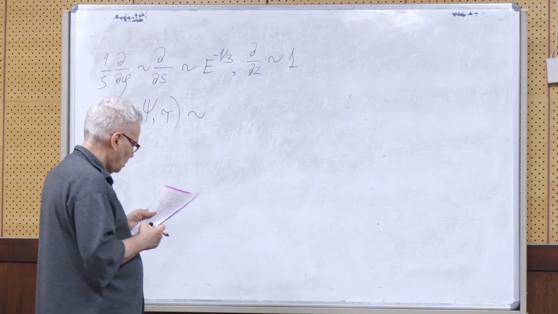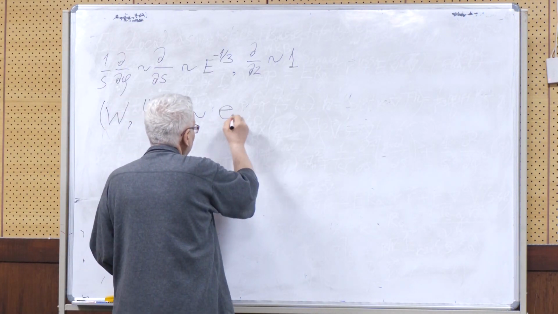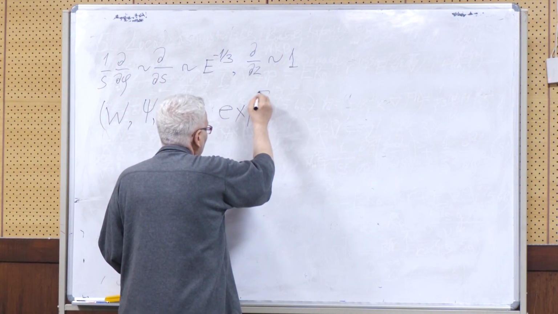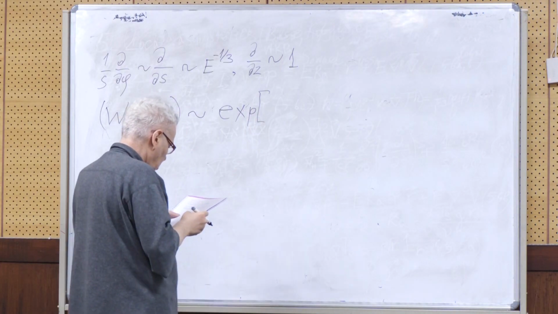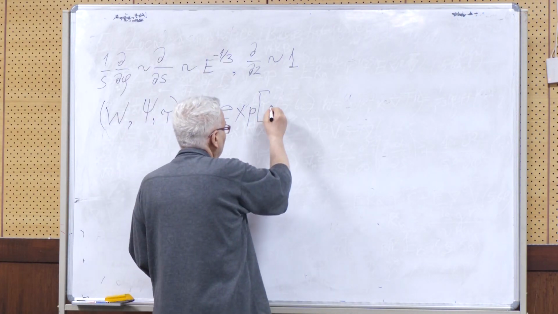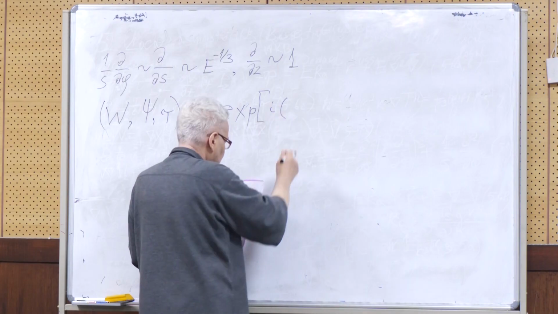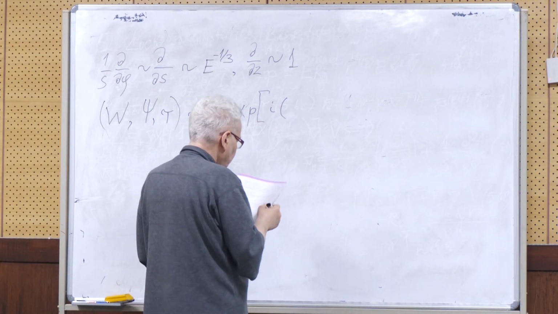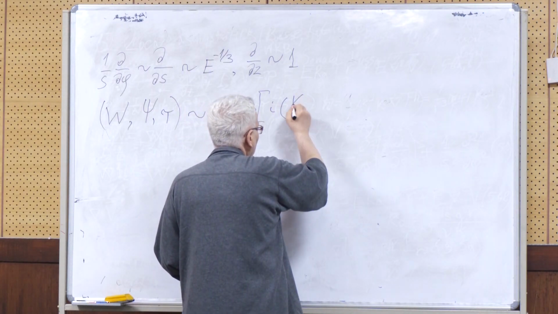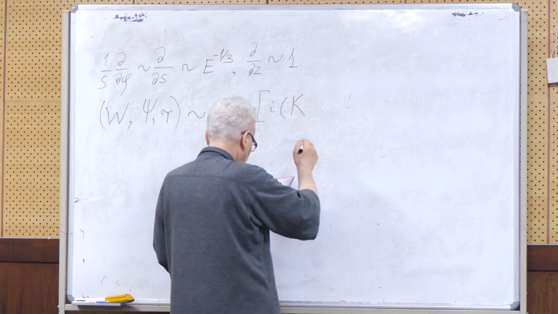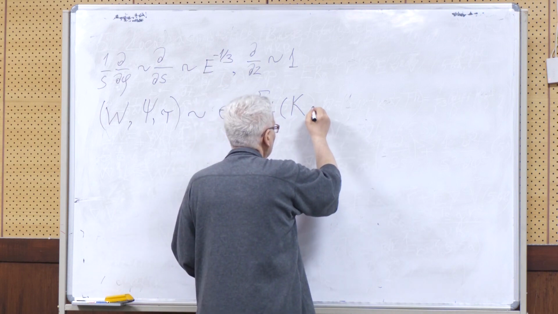So it's proportional to the exponent of i, and then there is a constant capital K, which is multiplied by s.